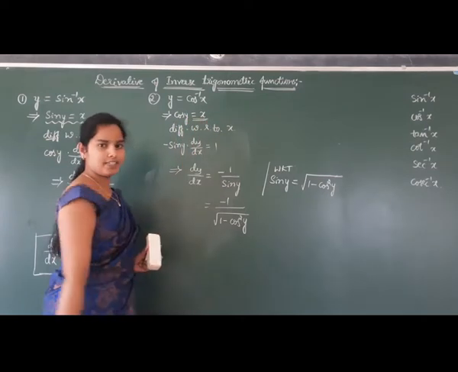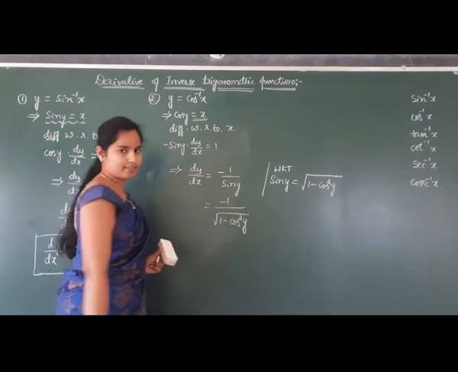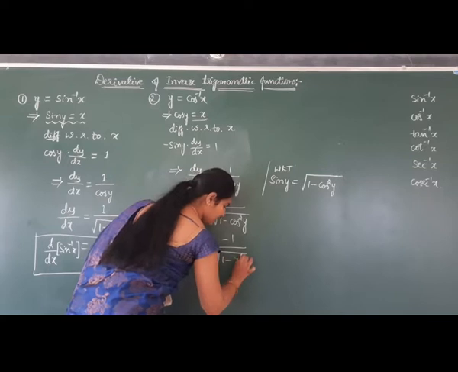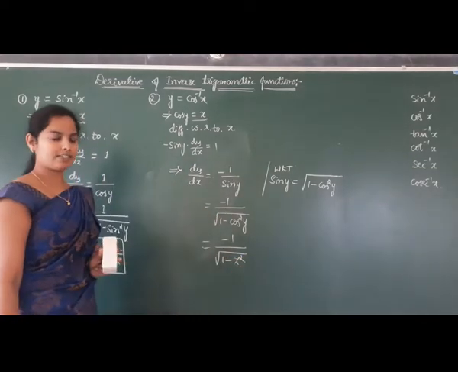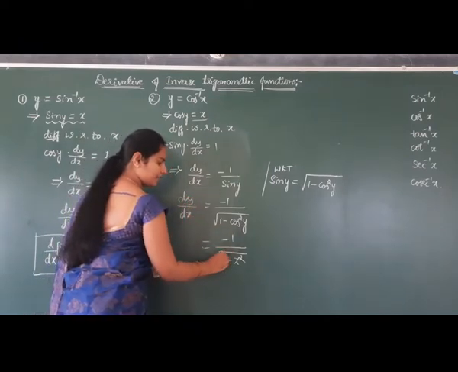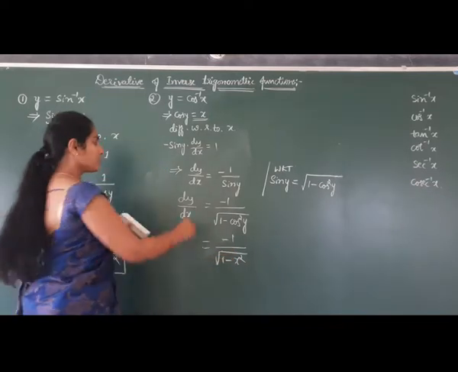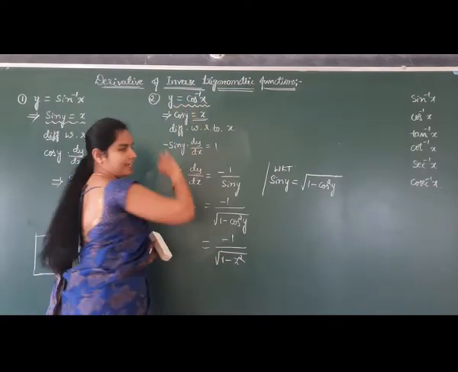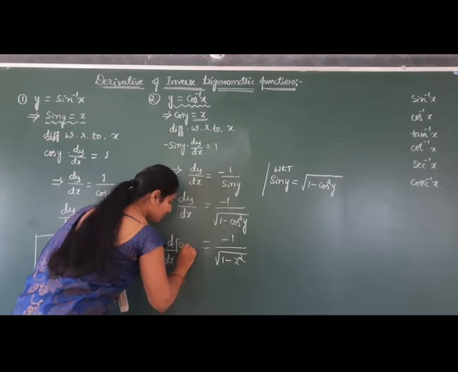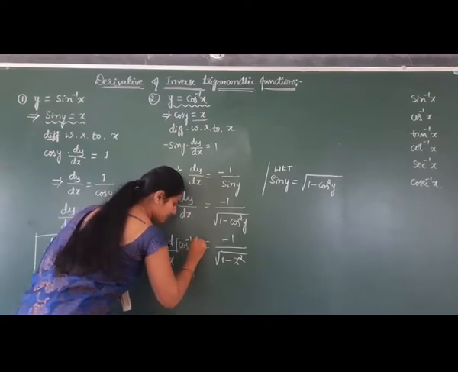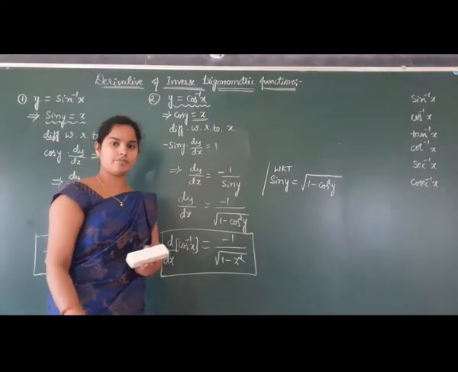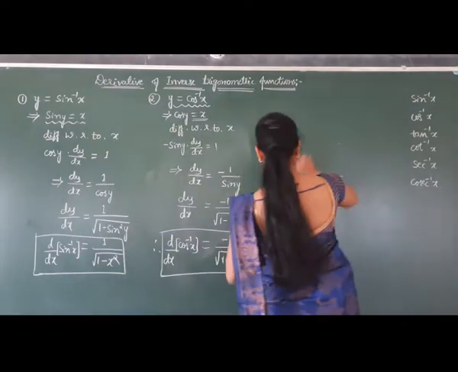So cos y is x. So now I will replace cos y by x. Then we have minus 1 divided by square root of 1 minus x square. So therefore, derivative of cos inverse x with respect to x is minus 1 divided by square root of 1 minus x square.